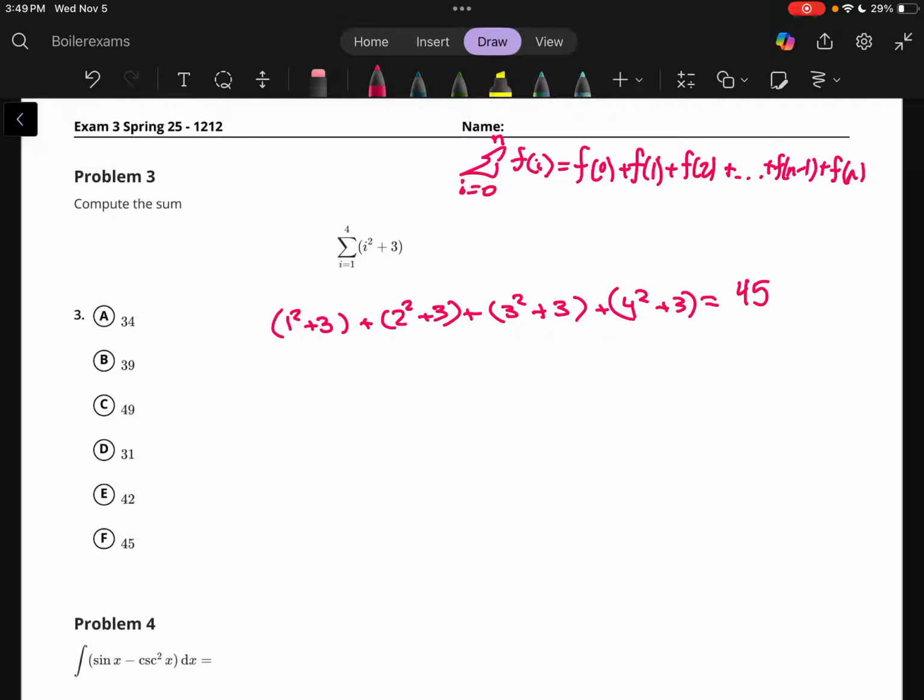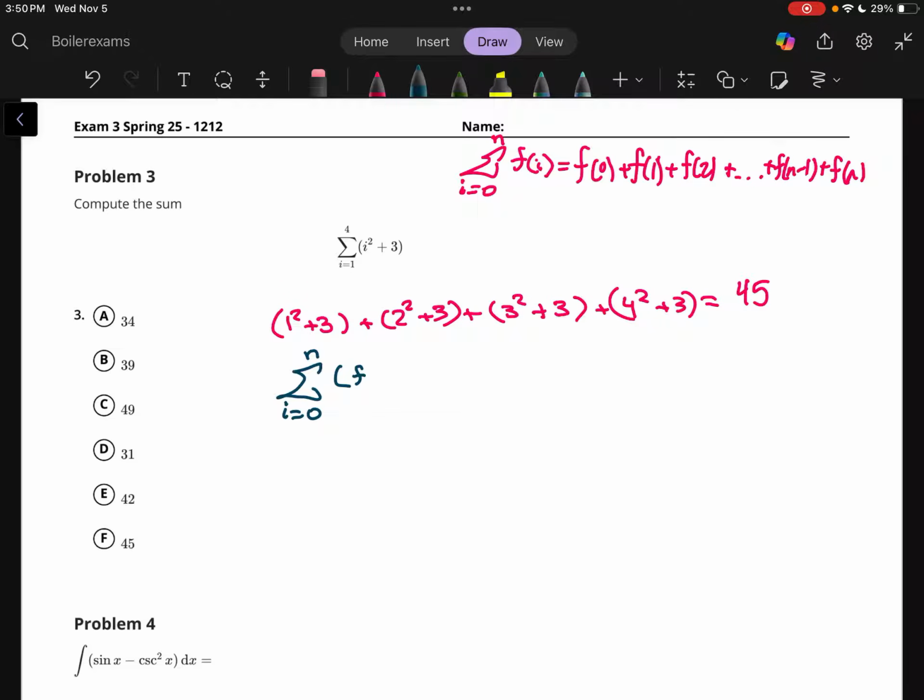Okay, there's also some tricks you can do with this question using some properties of summations. So I'll write that up here. Let's say I want to find the summation of two different functions.